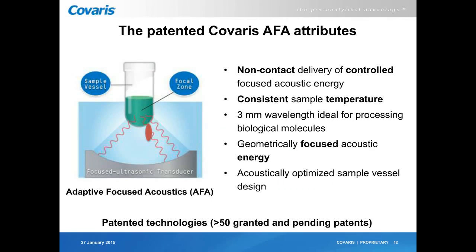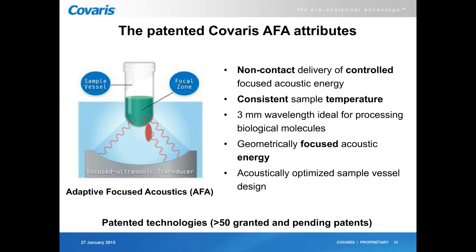So overall, what are the key attributes of the patented Covaris AFA? It's a non-contact delivery of controlled focused acoustic energy. During this treatment, you have a consistent sample temperature. All the energy is focused in 3 millimeters as we are working at 500 kilohertz.